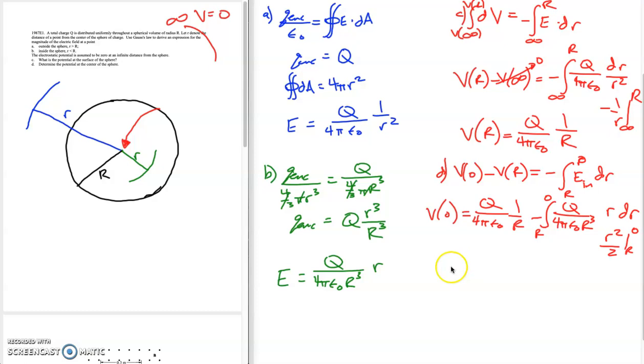Once we plug that in, take care of this minus sign, because remember, it's going to be the upper limit minus the lower limit, but then we also have this minus sign, which means now there's going to be a plus.